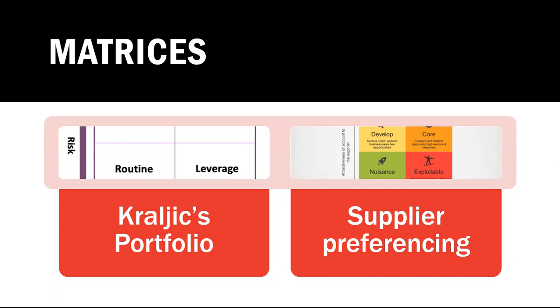For leverage, the best option here is to maximize the competition by using invitation tender, by running a tender. For bottleneck, it has high risk but low value. We try to find some alternative, or do it in-house, or pool the needs and try to negotiate with the suppliers.